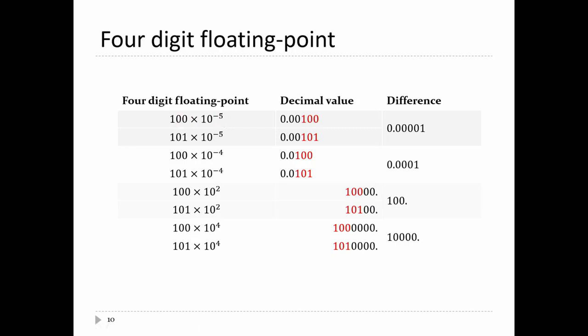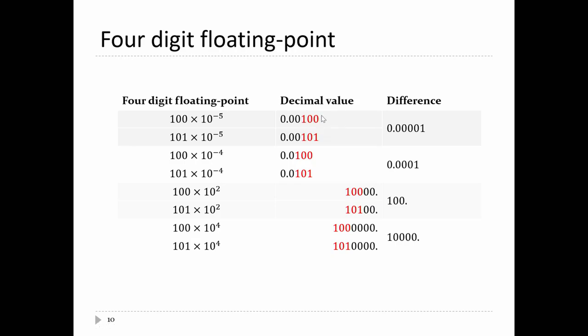And now I want my smallest exponent, so that's minus 5. And if you scribble that out in decimal, you get 0.00100. So that's the smallest positive value I can represent. If my value is less than 0.001, there's no way for me to represent it exactly. I don't have sufficient number of digits to do so.